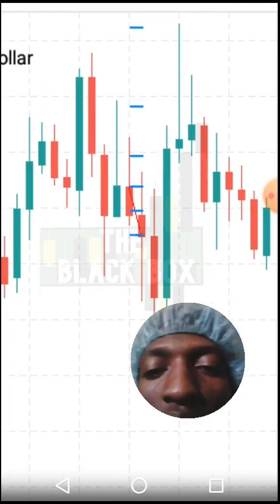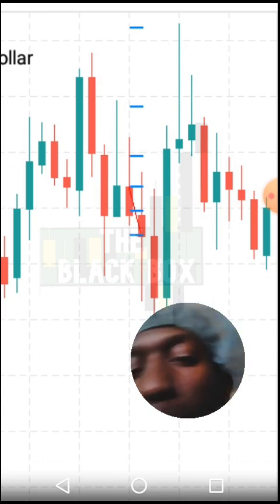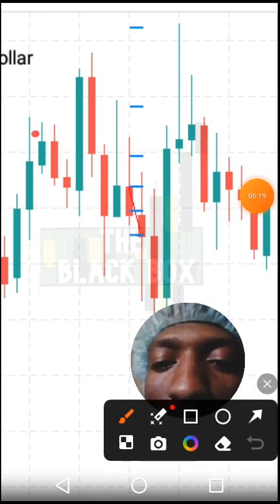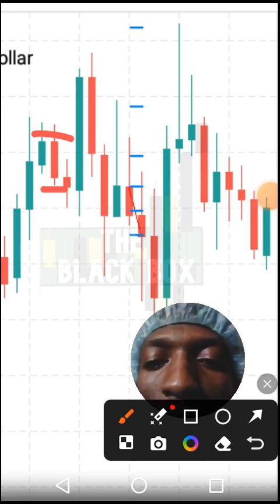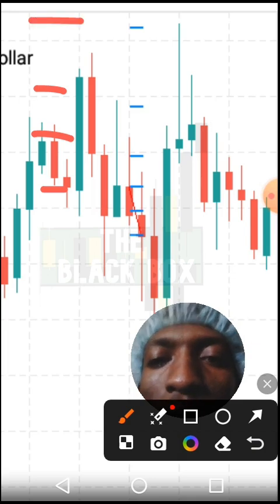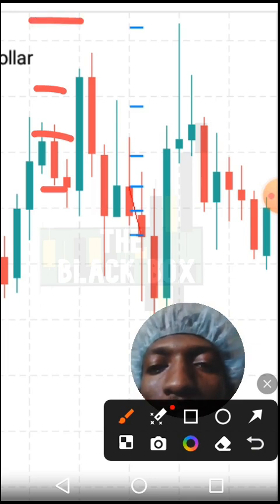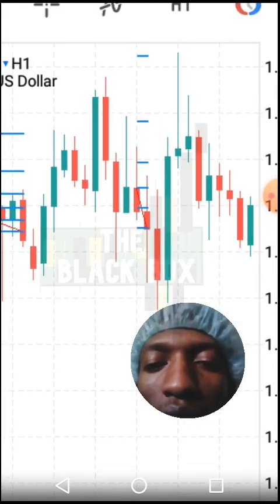When you measure from the bodies, what you're gonna get is TP1, TP2, something like this.